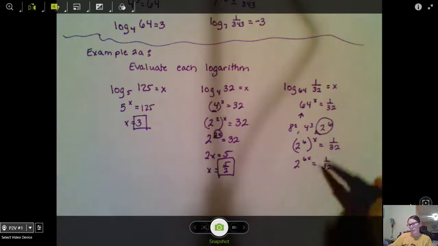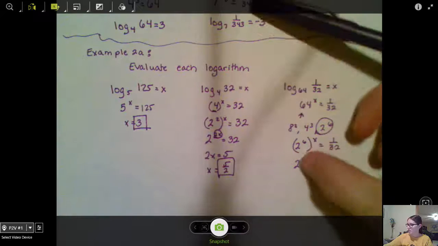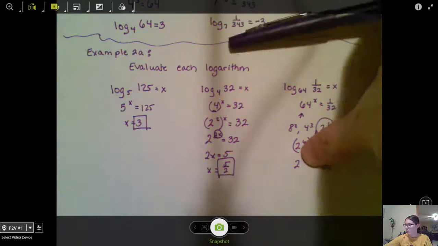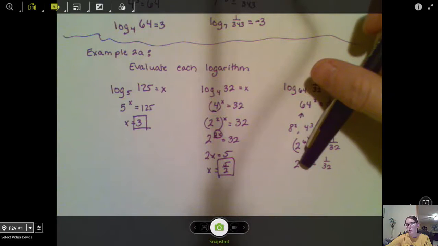How do I get this fraction over here? 2 to what power is going to give me 1 over 32? How am I going to get that fraction? Well, hopefully when you see that fraction, that makes you think, okay, this exponent that my pen is covering up has to be negative.